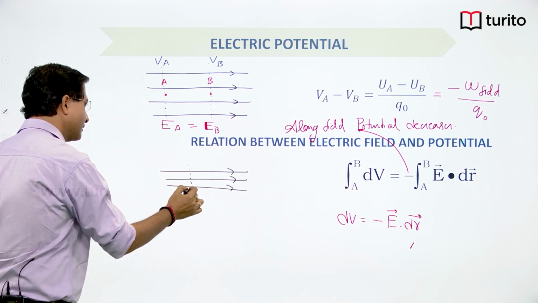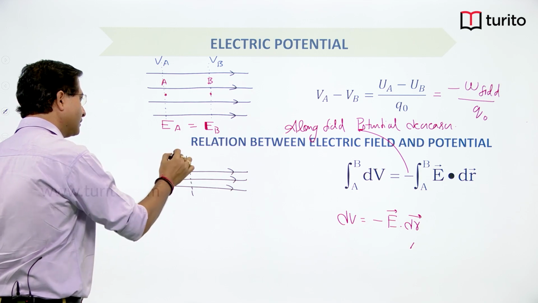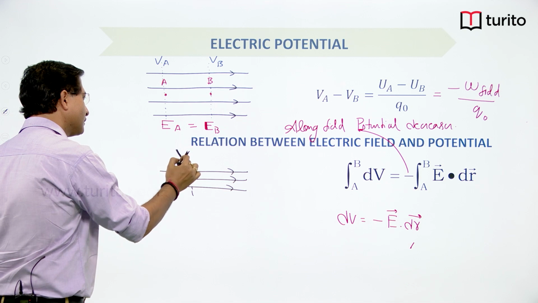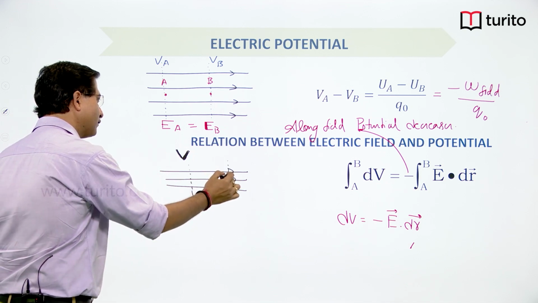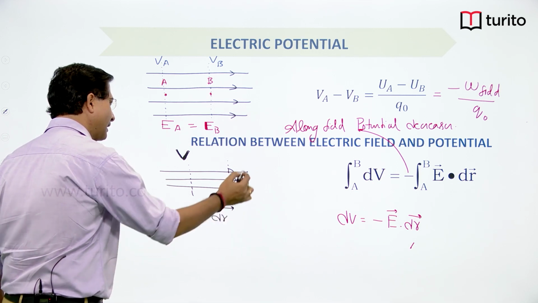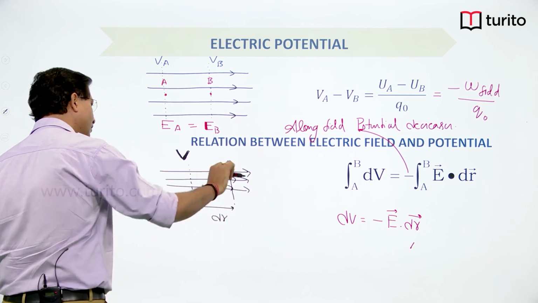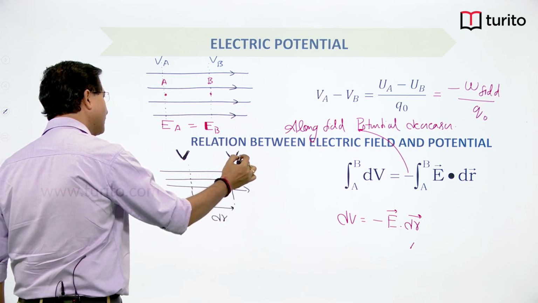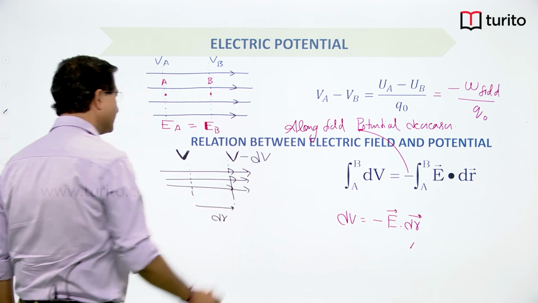If I say potential is V, and if I go by dr distance along the field, then potential here will be V minus dV.